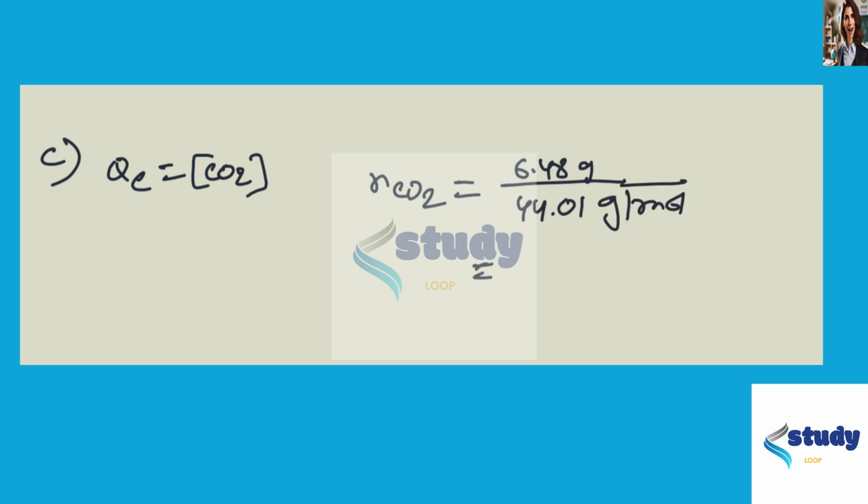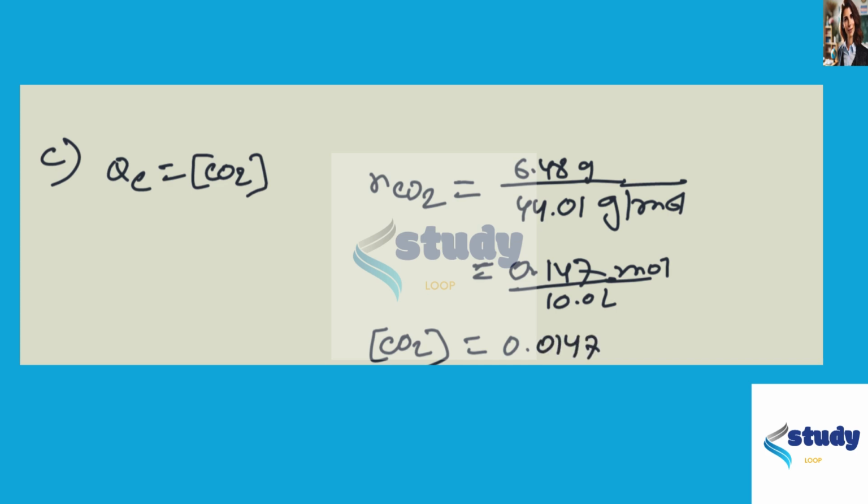From here we get the number of moles, which is 0.147 mole. And from here we get the concentration of CO2 by dividing this by the volume, which is 10 liter, and it will give us 0.0147 mole per liter, or molar. That means the value of Qc will be 0.0147.